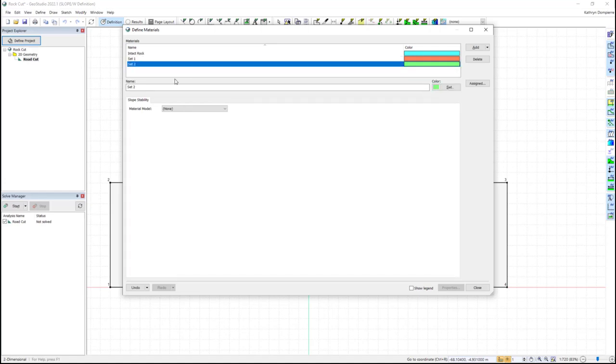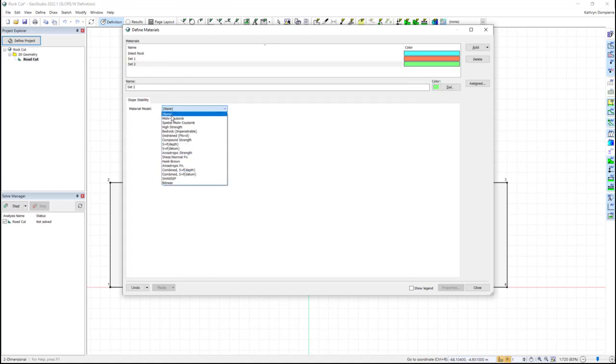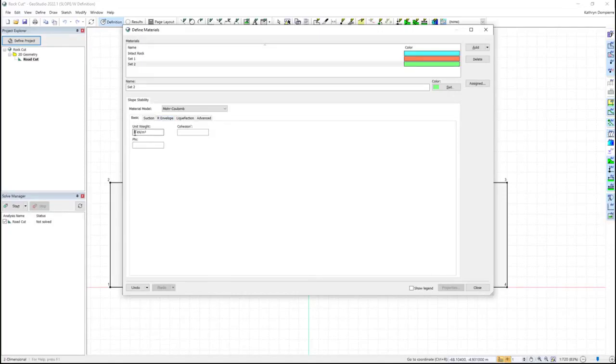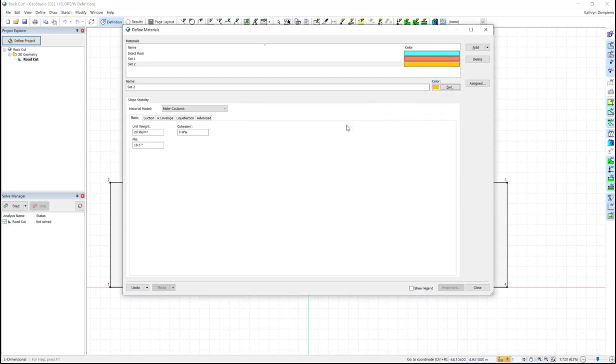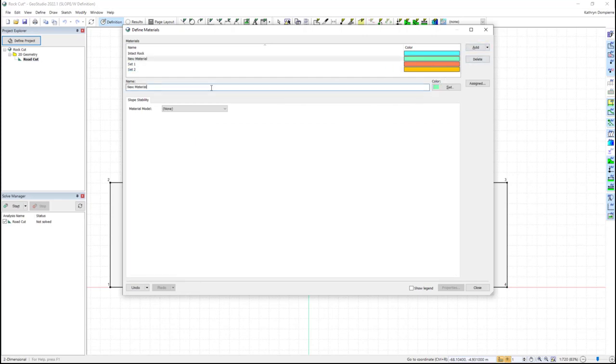The second joint set will have the same unit weight, but the cohesion is 0 kPa and the friction angle is 18.5 degrees. Once these three materials are defined, I can proceed with defining the compound strength material.